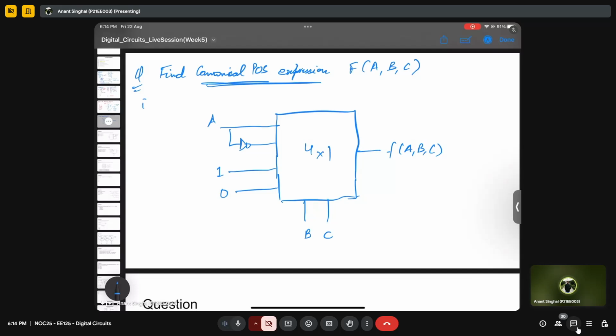Let me give you the options also. The first can be sigma of 1, 2, 4, 6. The second can be pi of 0, 3, 5, 7.